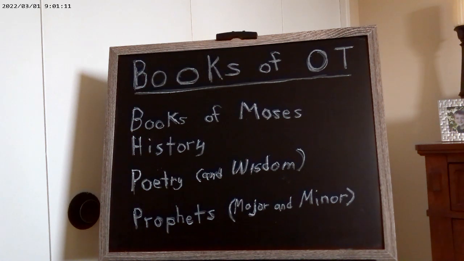However, then there is a second set, 1st and 2nd Chronicles, which especially focuses on the southern kingdom and has a little bit different slant on the story from the 1st and 2nd Kings.